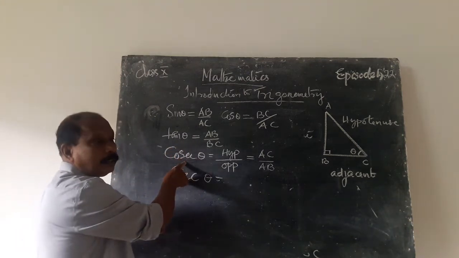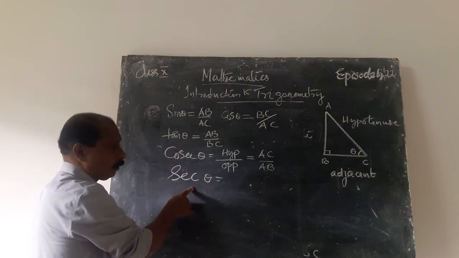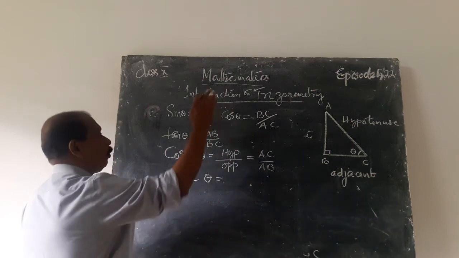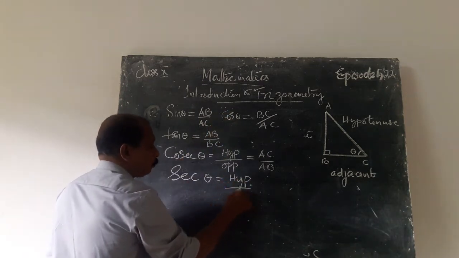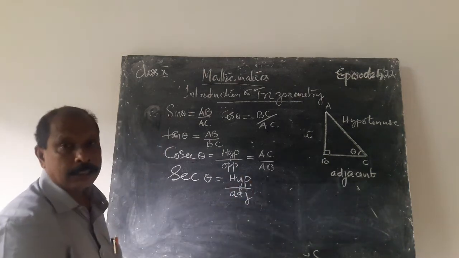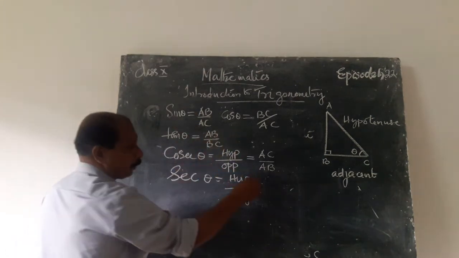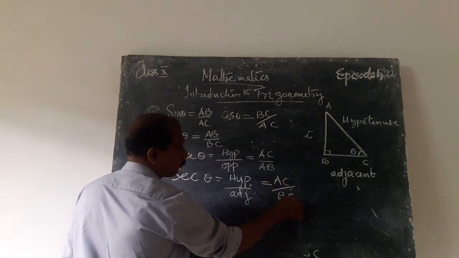Then secant theta is the reciprocal of cos theta. Therefore, it is hypotenuse by adjacent side. That is secant theta. From figure, it is AC by BC.